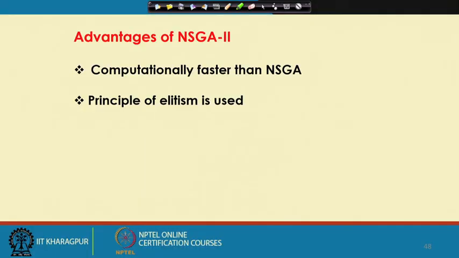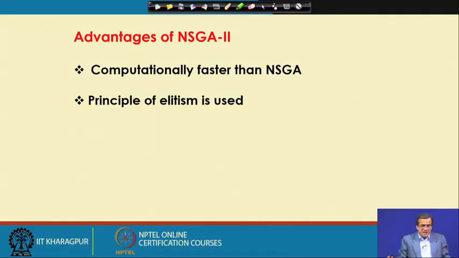And nowadays, NSGA 2 is in use, many people have used it, and it has been further modified also. Now, the advantages of NSGA 2, I have already mentioned: it is computationally faster than NSGA, and the principle of elitism has been used in NSGA 2.